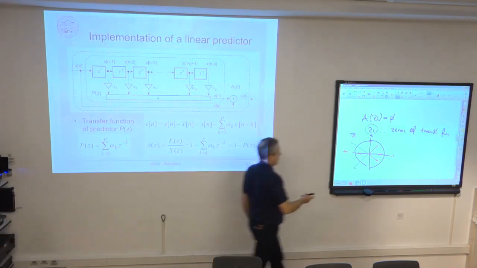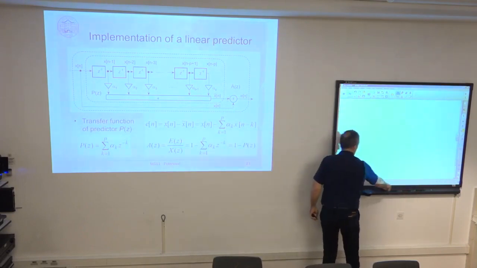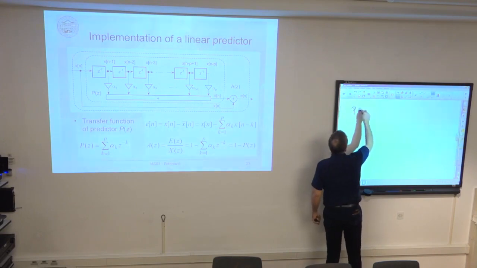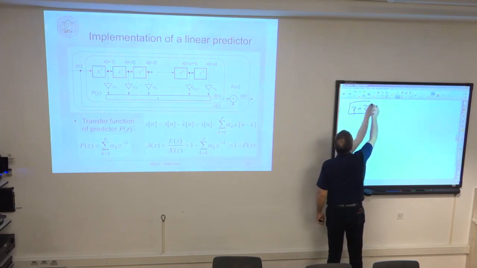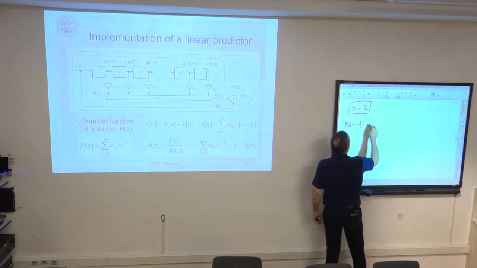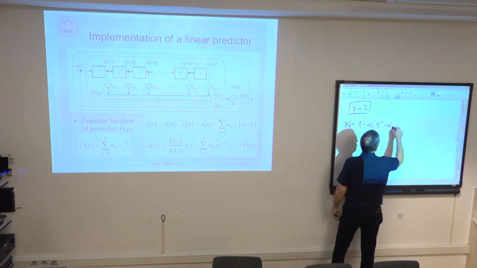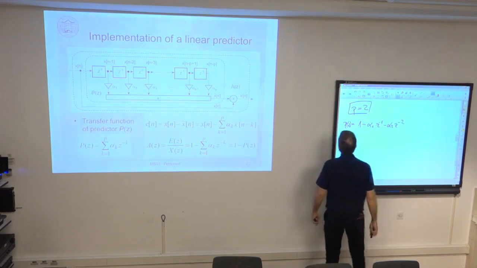Just to be illustrative, for example, if P is selected to be second order prediction, P equal to 2, then I have the predictor of the form P of z is alpha 1 z to the minus 1, plus alpha 2 z to the minus 2.